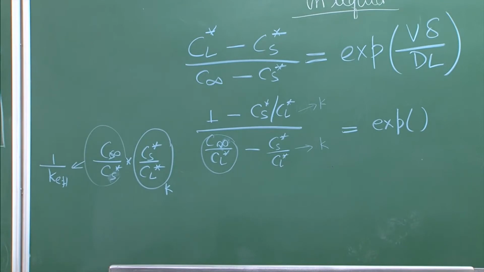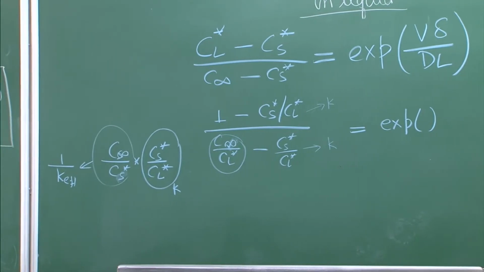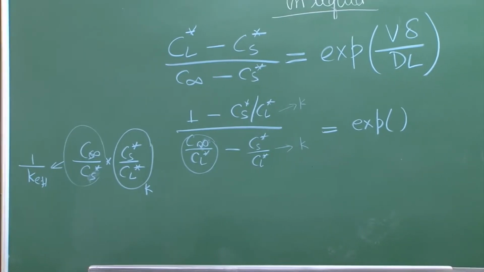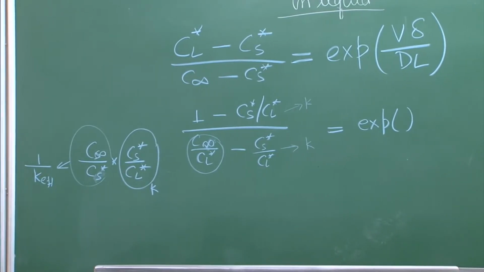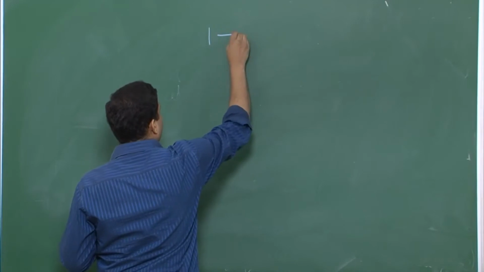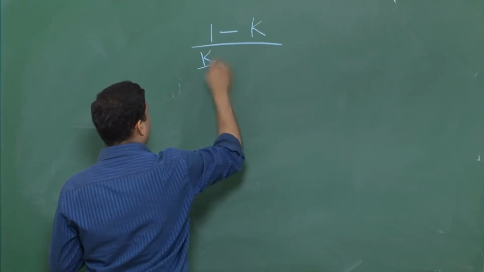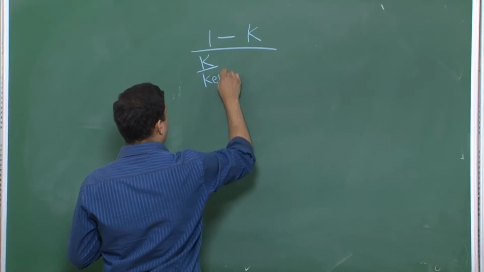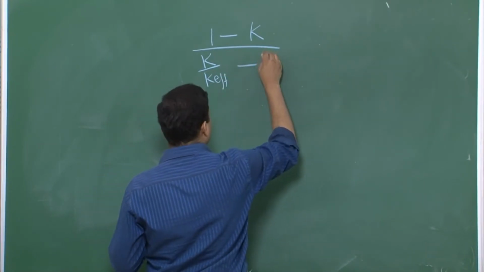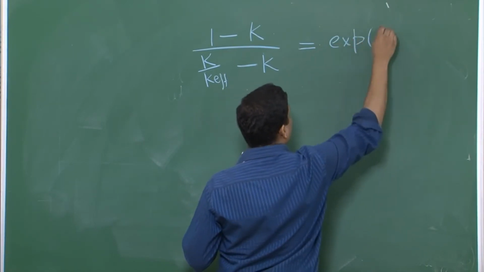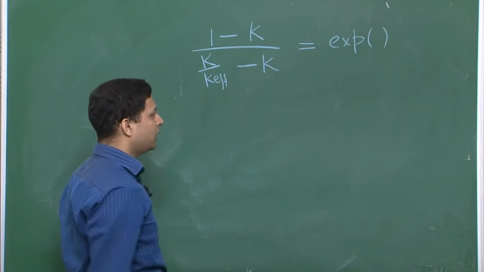So let me write it over here. So this is 1 minus K, this is K by K effective minus K is equal to whatever this exponential term is, which is V delta by DL.